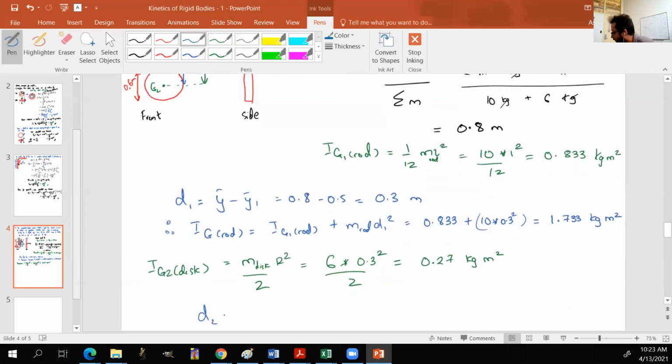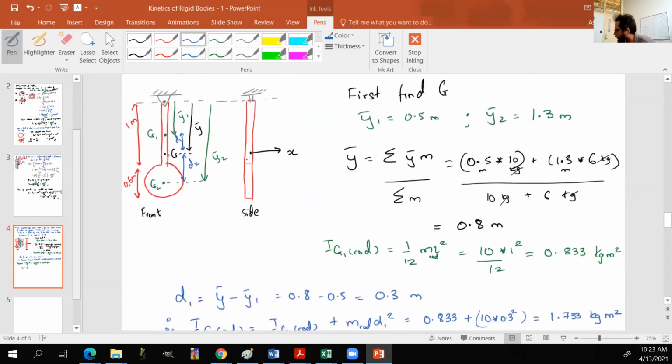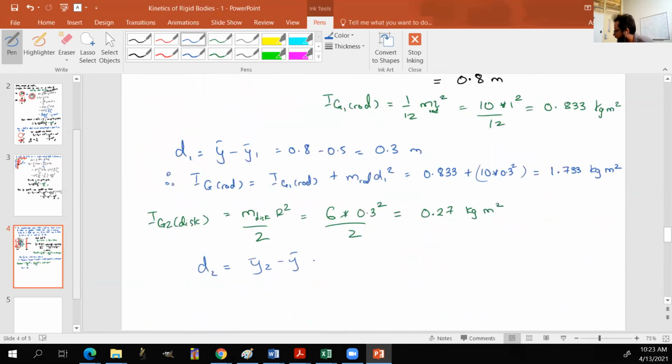All right, so the distance d2 is just going to equal y2 bar minus y bar, right? From what we've drawn out. So y2 bar is equal to 1.3, y bar was 0.8. So this comes out to be 0.5 meters. So now you have Ig for the disk, right? That's just going to equal the mass moment of inertia of the disk about its center plus m times the distance d2 squared.